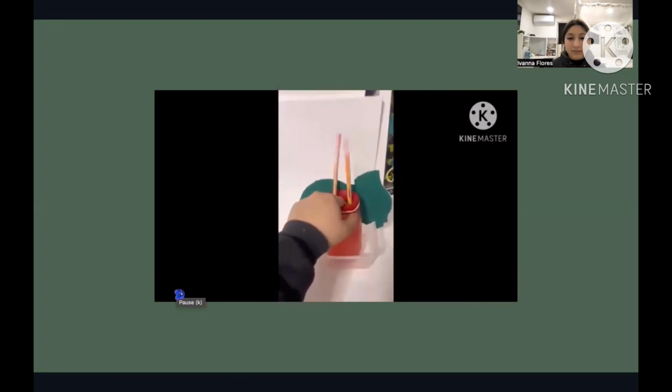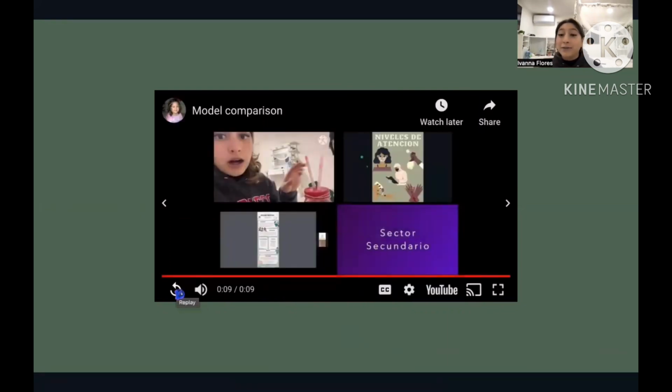It's hard for it. So as you can see, I'll play it again. It's way easier for the blood to flow up the straws, or our arteries, when they're clear than when there's a buildup of cholesterol. So I hope the models show that.